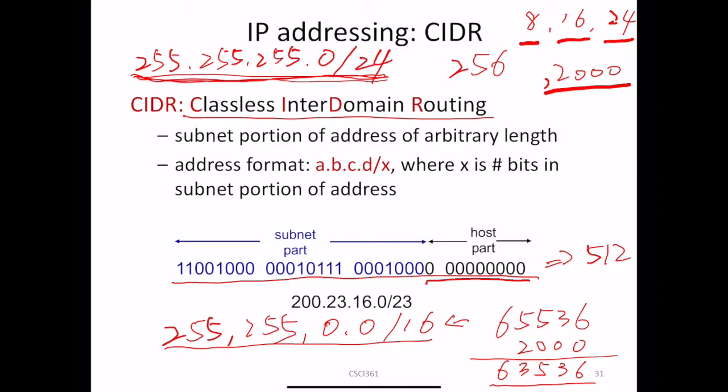And if we want 2,000 IP addresses, we just add 2 more bits into the host part. Actually, we can have more than 2,000 IP addresses, and we don't need to waste this many IP addresses, which cannot be used by other areas or other users.